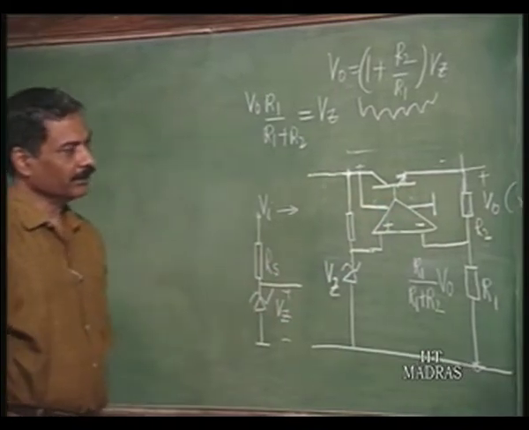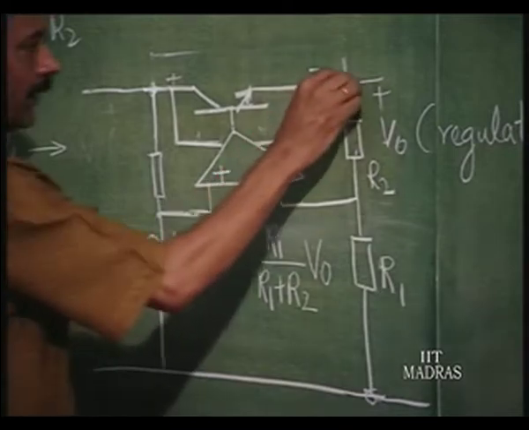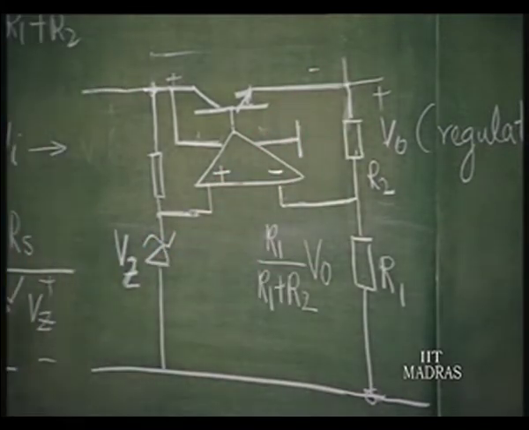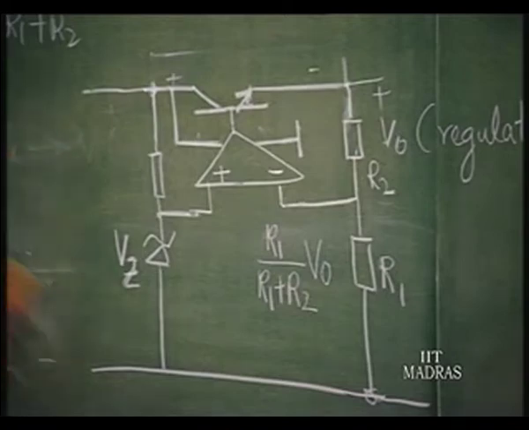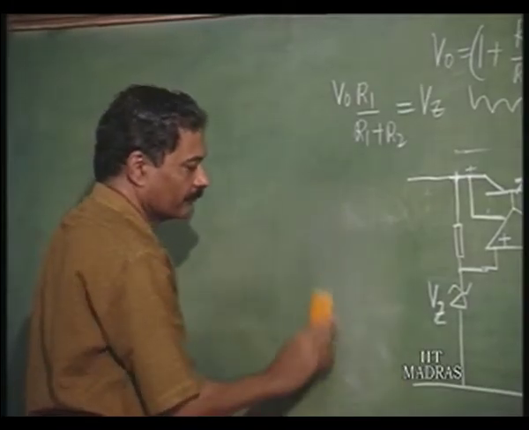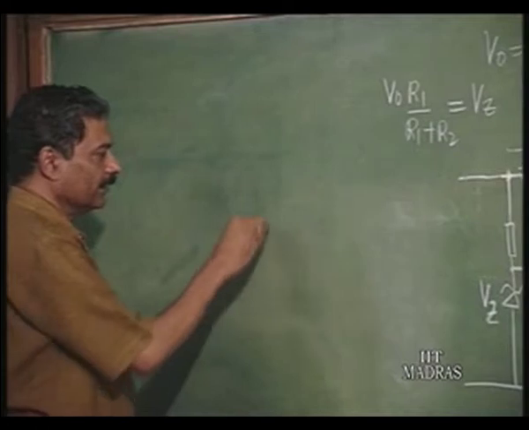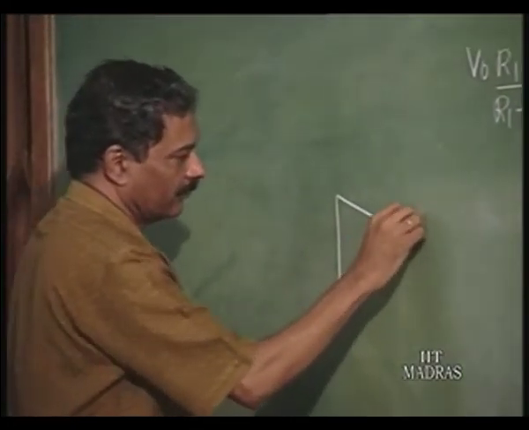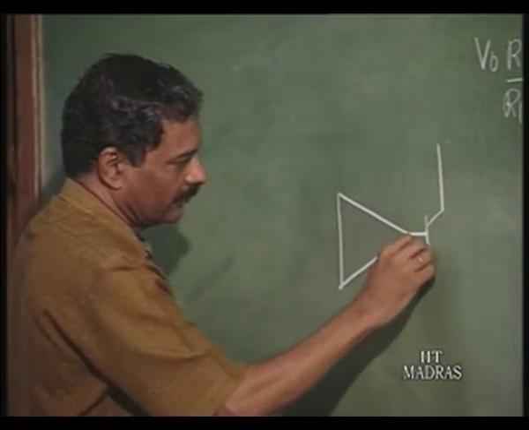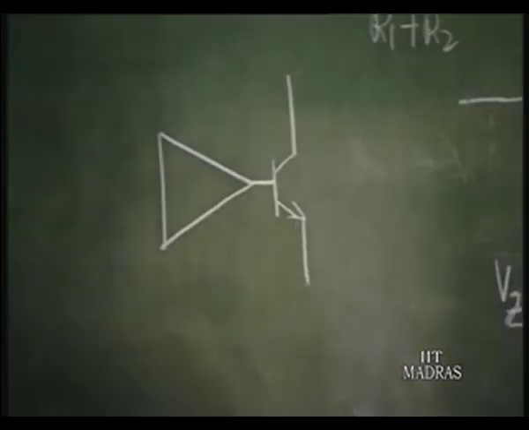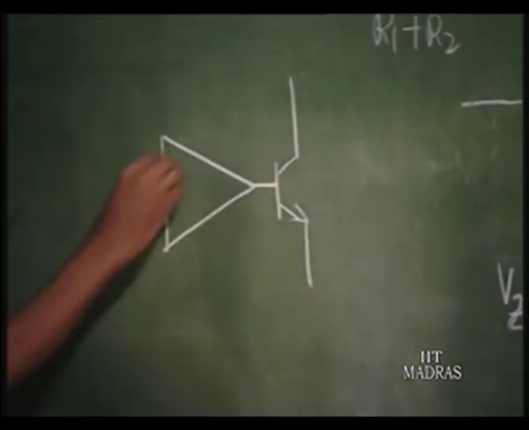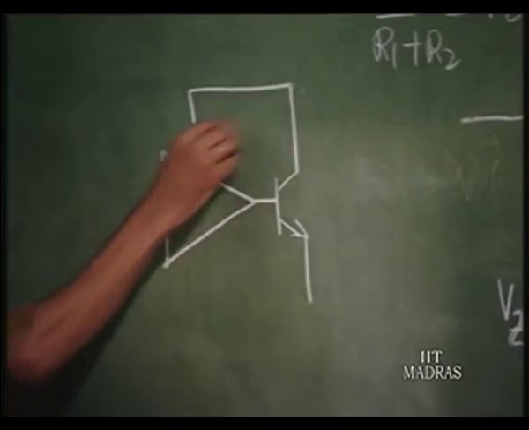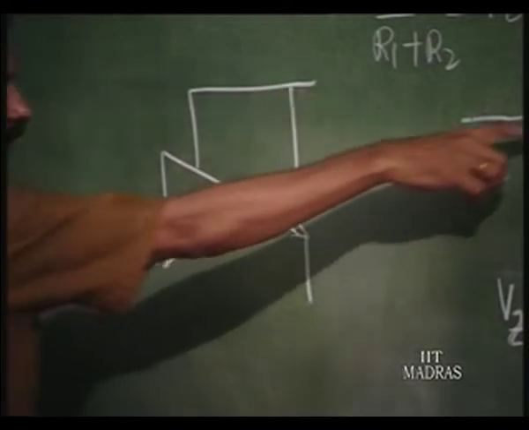So, this circuit is going to be exactly same as what we had earlier given. Let me draw this circuit the other way. So, this is really my op amp because you can consider this as the op amp, same supply voltage as the input.